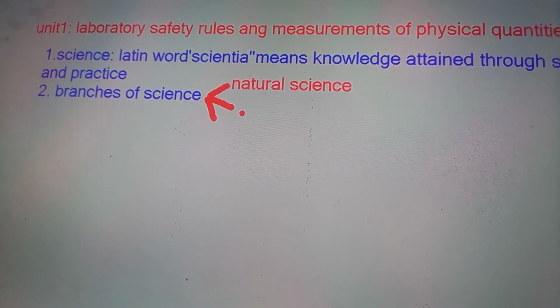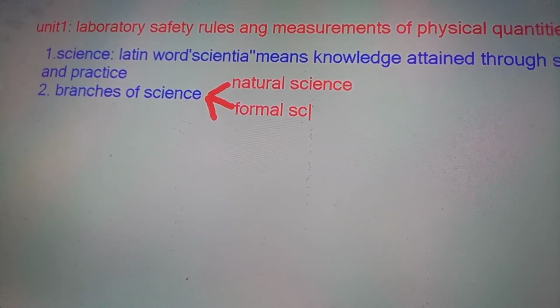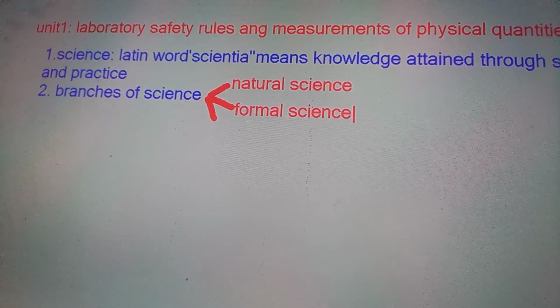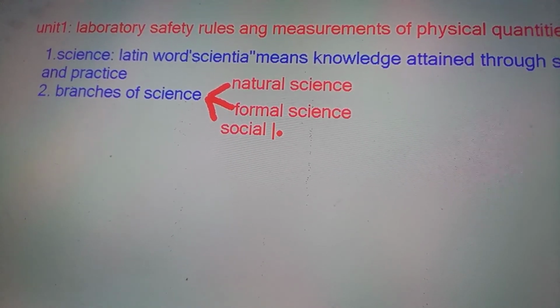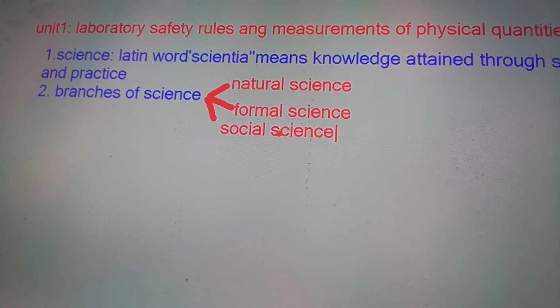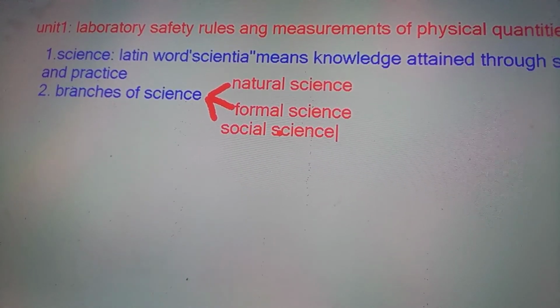Branch number 2 is formal science. And finally, we have seen social science. So these are the 3 branches of science we have covered.